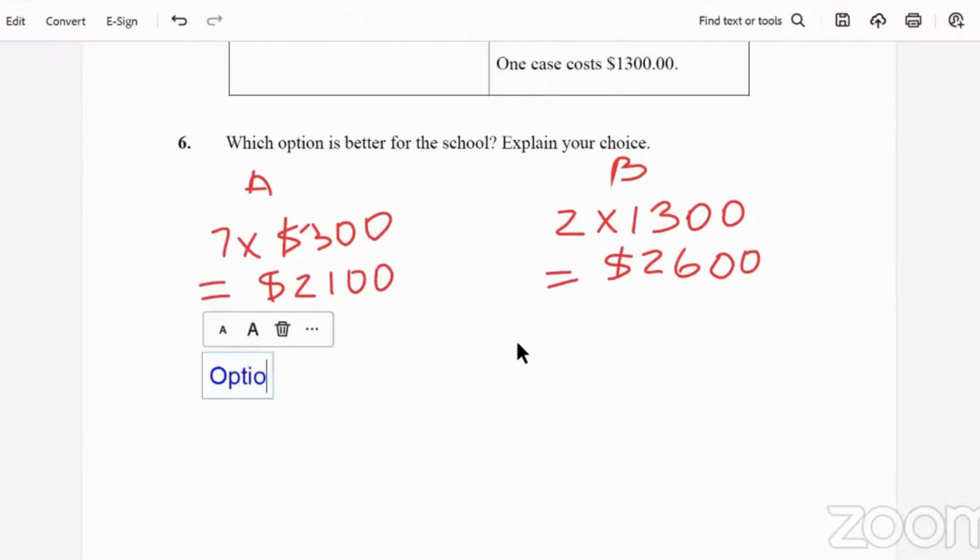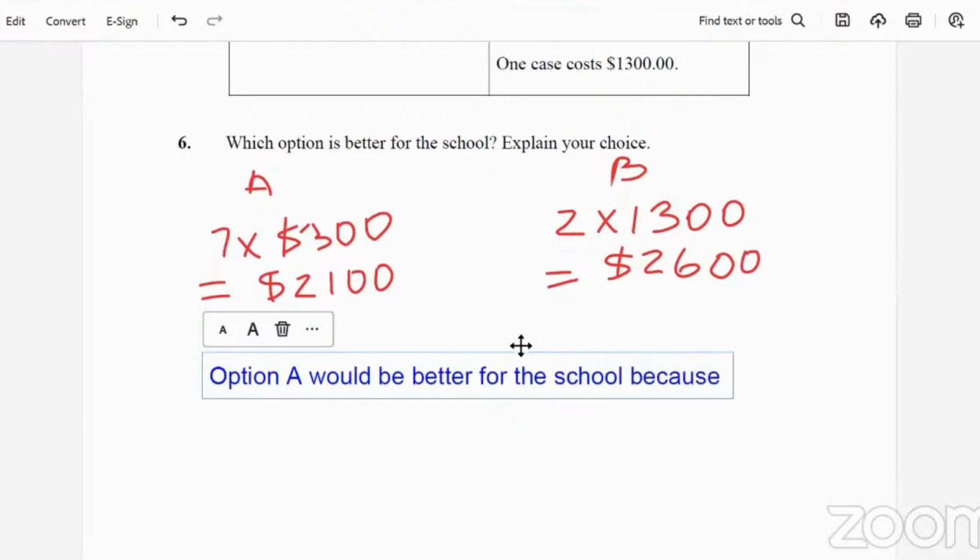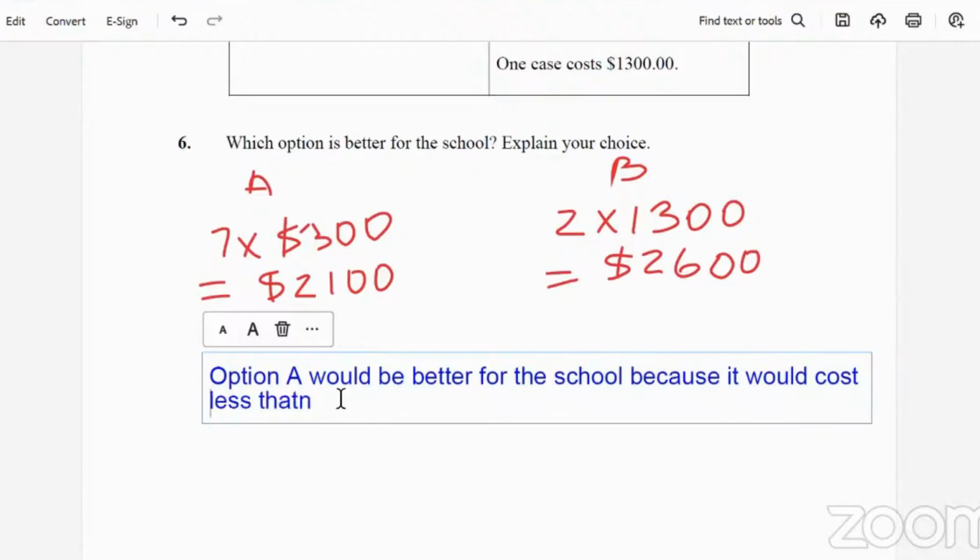So option A would be better for the school because it would cost less than option B. All right, let me put the amount that it will cost right here.